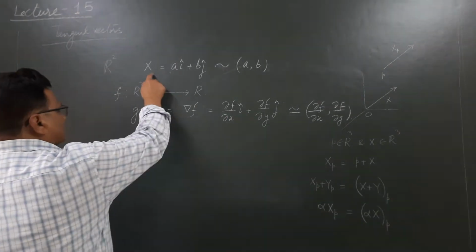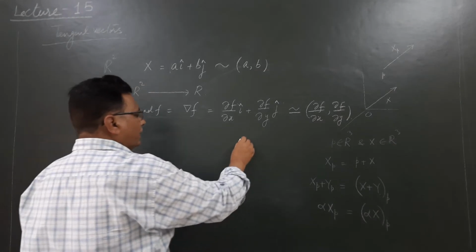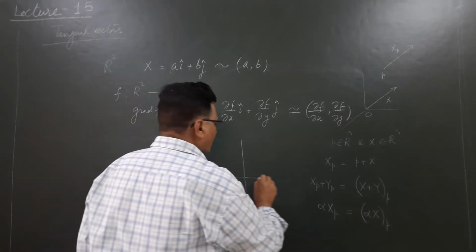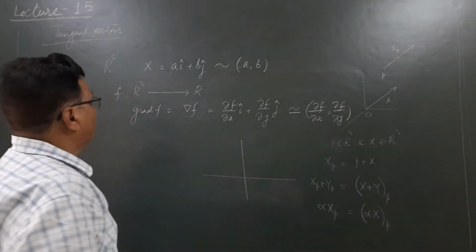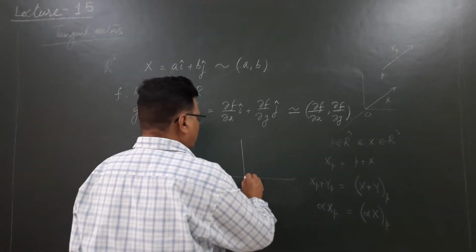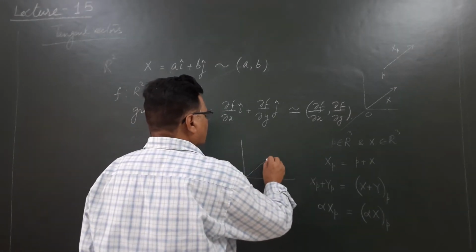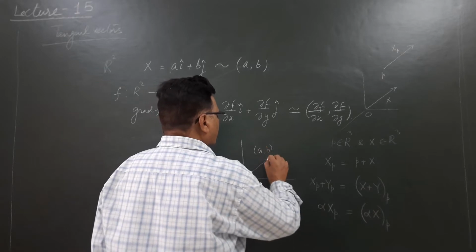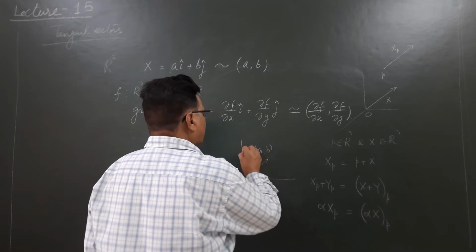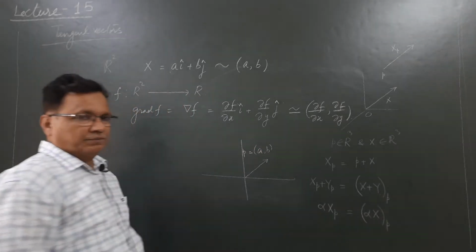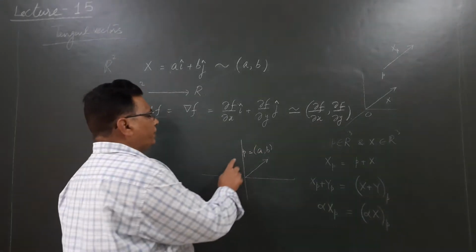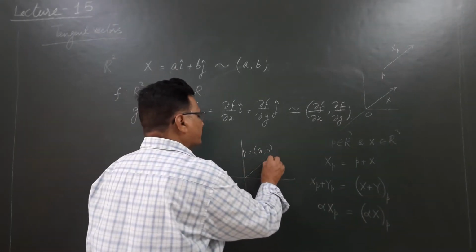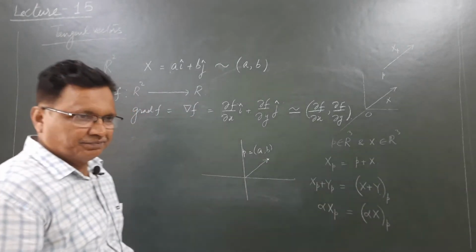Now, in a plane you can see the vector is (a, b). You may call this point P. So, P is the name of this point, which is in fact the head of the vector. Okay.